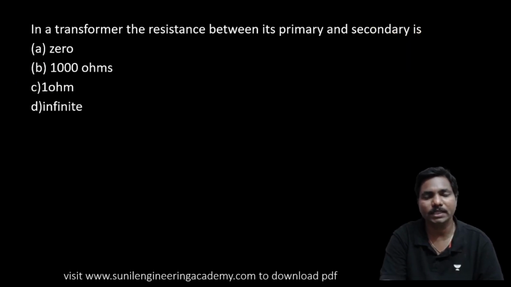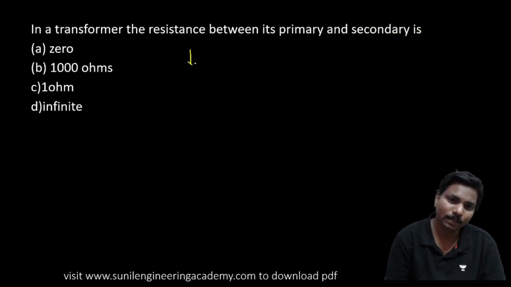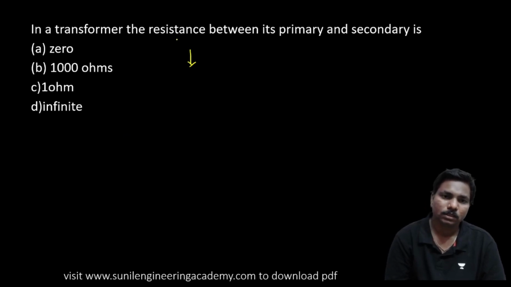In a transformer, the resistance between its primary and secondary is infinite. Why is it infinite?